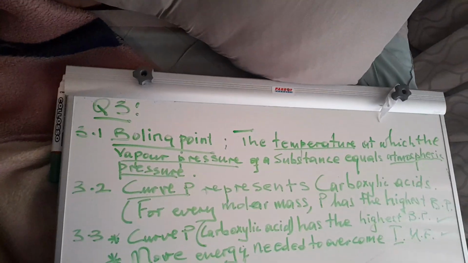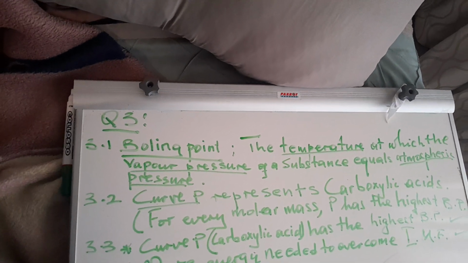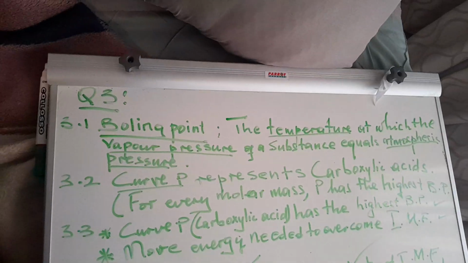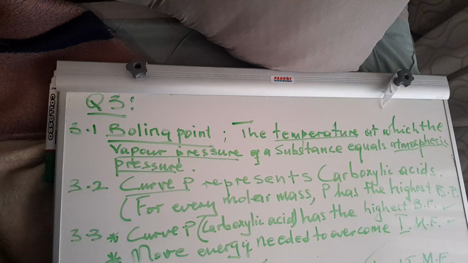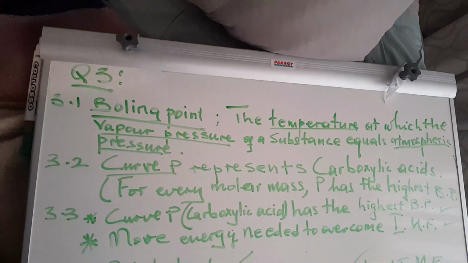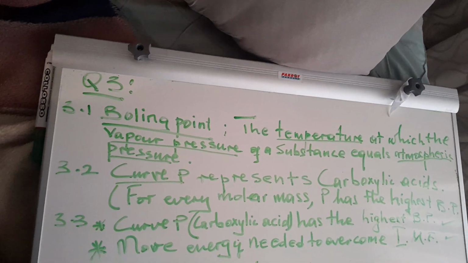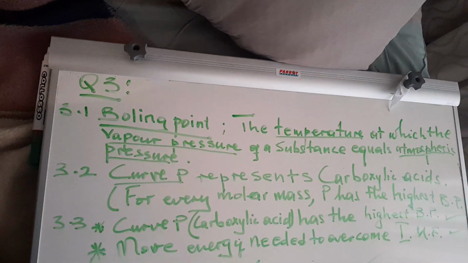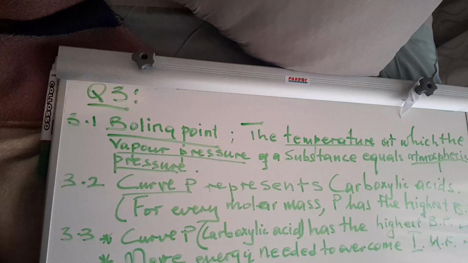So out of those three, we know that carboxylic acids have hydrogen bonds, which are the strongest. On top of that, carboxylic acids have two sides in which the hydrogen bonds can occur, compared to the one side in alcohols. So carboxylic acids will have the strongest intermolecular forces because they are more polar than alcohols.